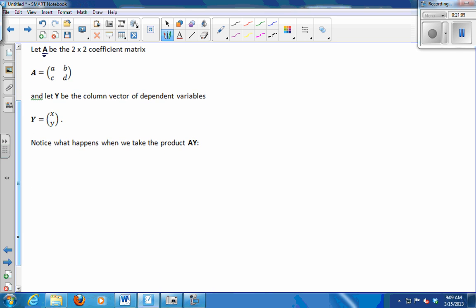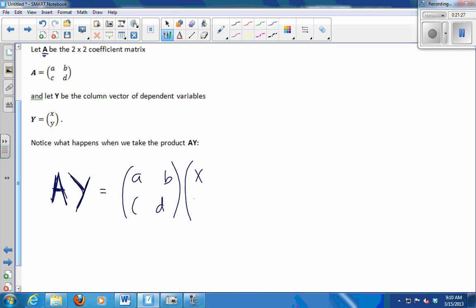So let's see what happens when I take the product of A times Y. A, the matrix, times Y, the vector. A is a, b, c, d, and Y is x, y. So who knows how to multiply matrices?